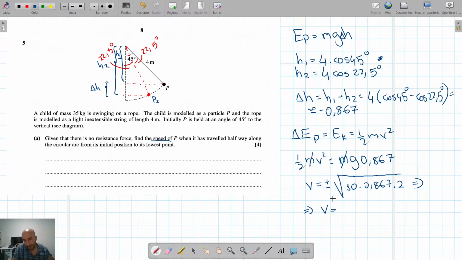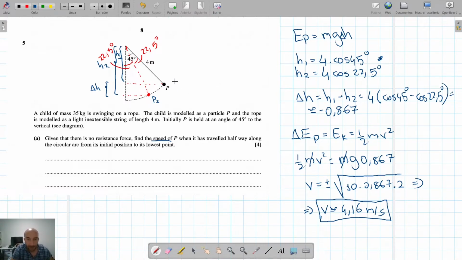And we have more or less 4.16 meters per second if we approximate to 3 significant figures. Okay, so that is the speed that we have at position P2.